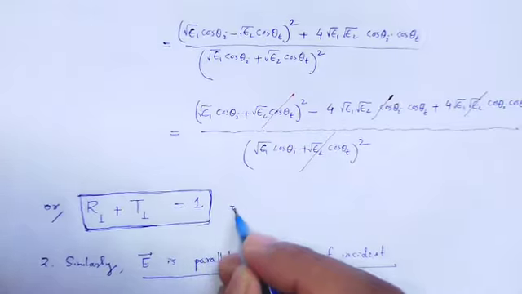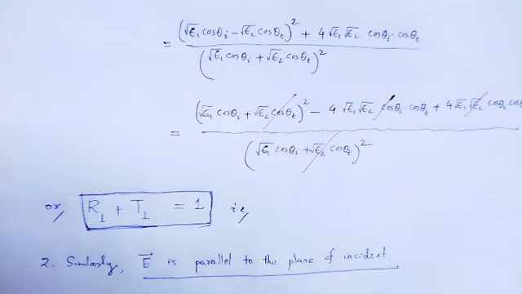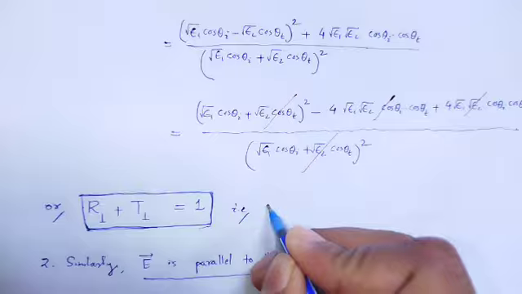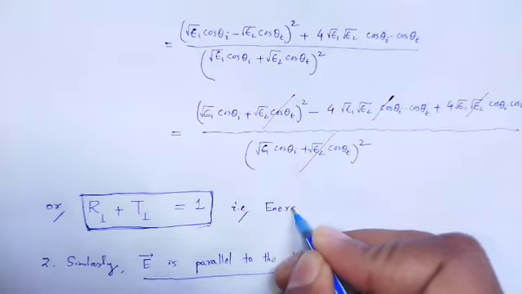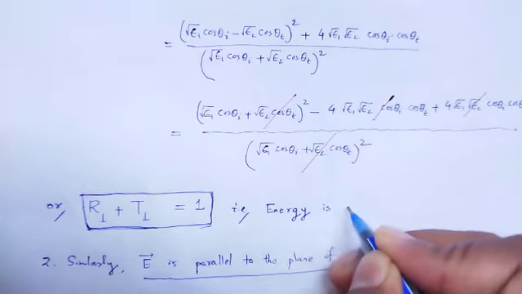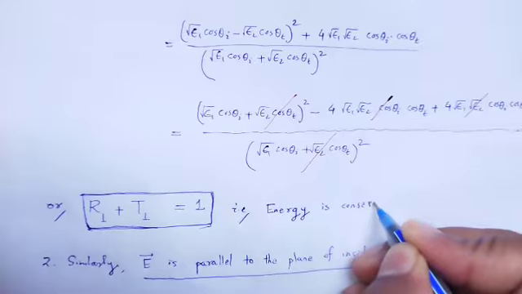What does it signify? It signifies that the energy is conserved. The reflection coefficient plus the transmission coefficient is equal to 1. Physically, we call it energy is conserved.